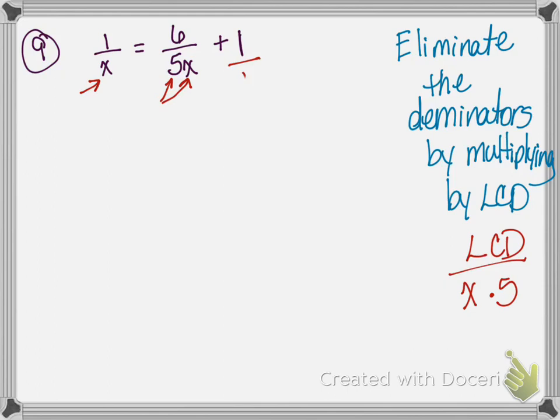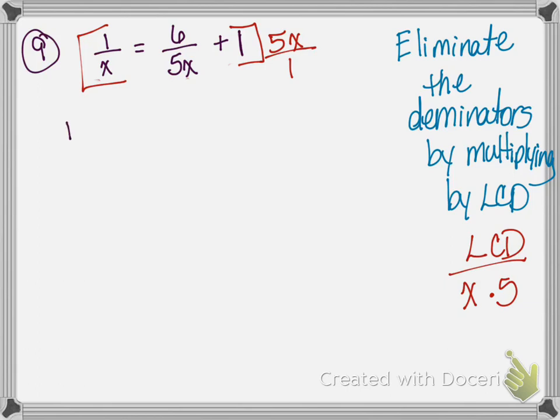Okay, so now what I'm going to do is I am going to multiply everything times 5x. And when I do that, I'm able to eliminate all of my denominators.